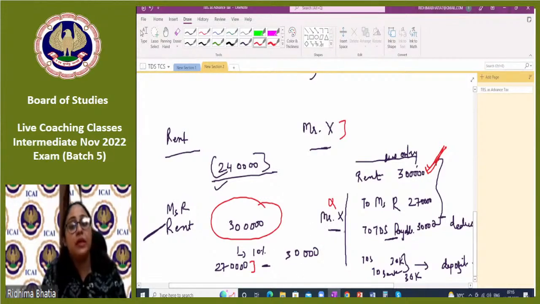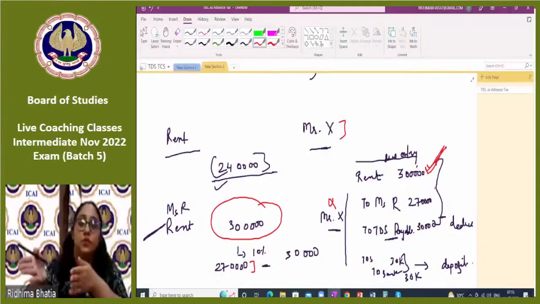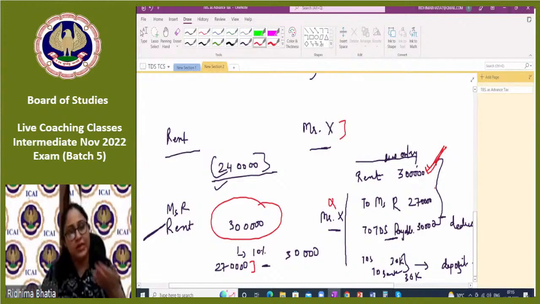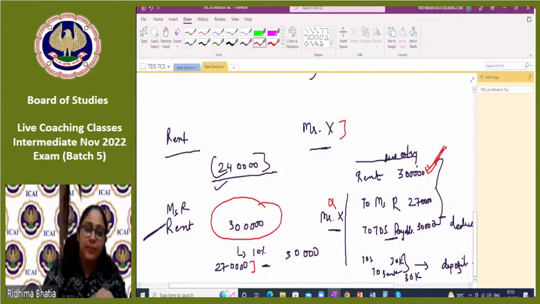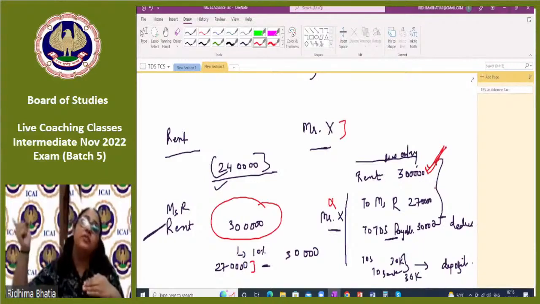For him, the cash outflow is 3 lakhs only. But instead of paying you the 3 lakhs, he divides it: 270 to you and 30,000 to the government on behalf of you. And for you also, the income is 3 lakh. But 270 came into your bank and 30,000 was deposited to the government on your behalf.